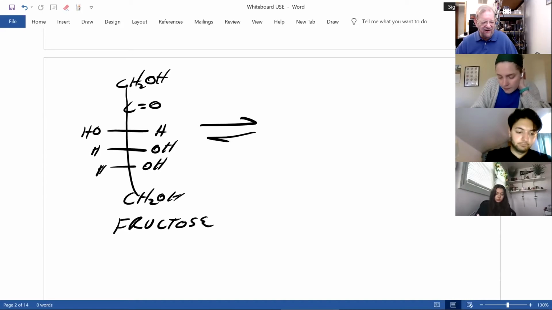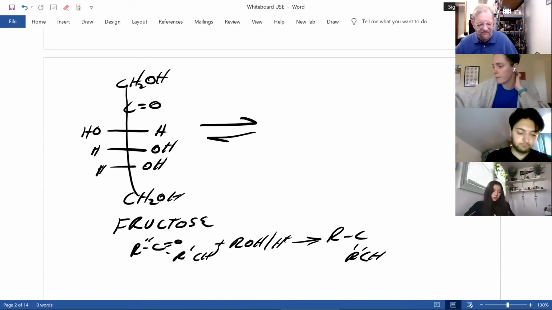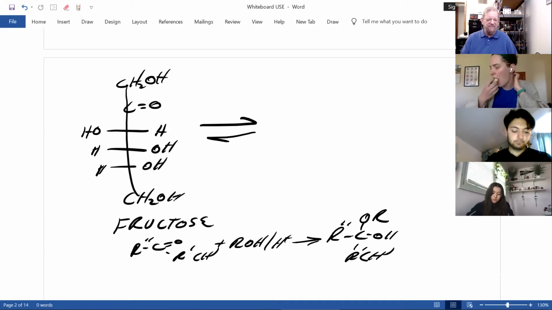And let me write down here in case you forgot. If it was intermolecular, you need an acid catalyst. And there you go.